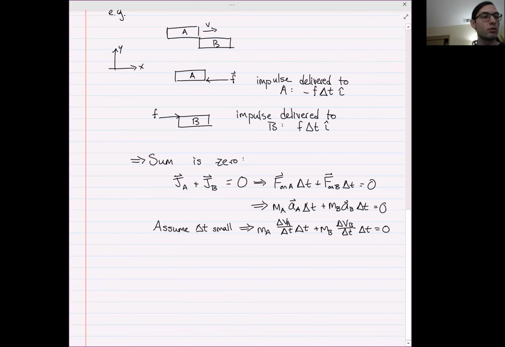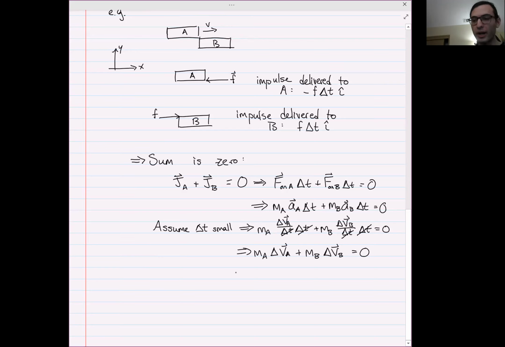Right, and so we can just cancel out these delta Ts. What we're left with is MA delta VA, the change in velocity of book 1, plus MB delta VB, the change in velocity of book 2. These should be vectors. That is equal to 0.